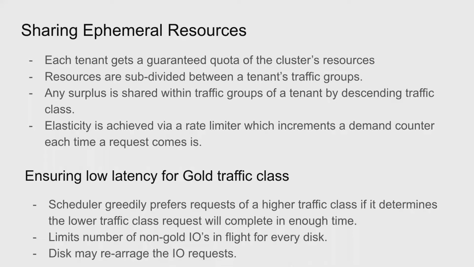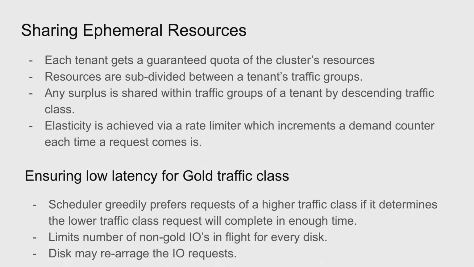Do they have capacity to serve this request? If they don't have it, then they check for capacity in other traffic groups. And finally, they check with other tenants whether they can serve this request. If spare capacity is found in your own traffic group, then the request is sent to the backend. Otherwise, they delay it or reject it.